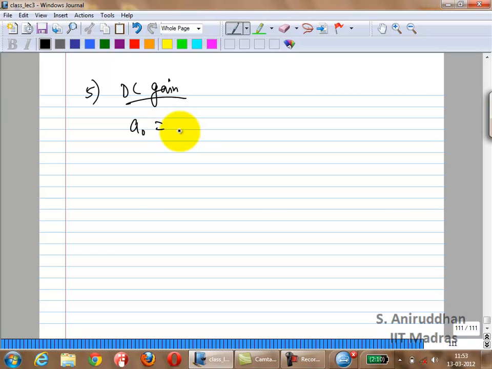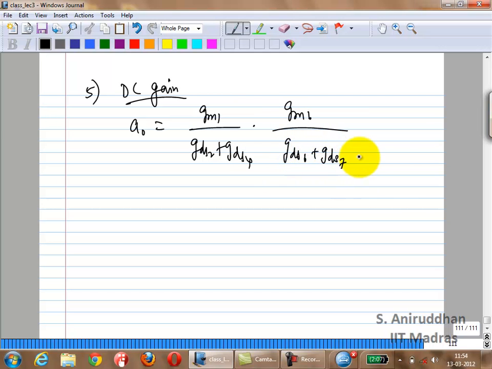What is the DC gain? Okay, so spec is 10,000. What is it in terms of the parameters? Correct?